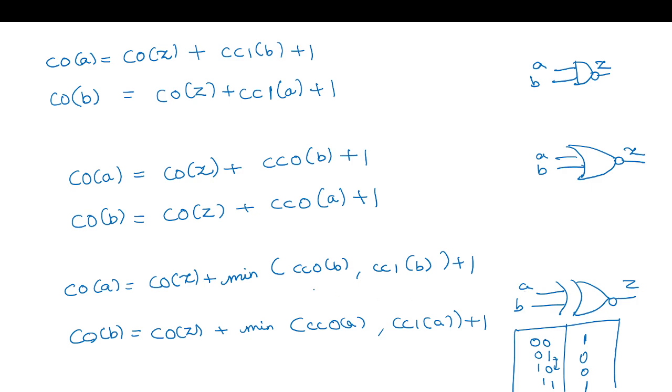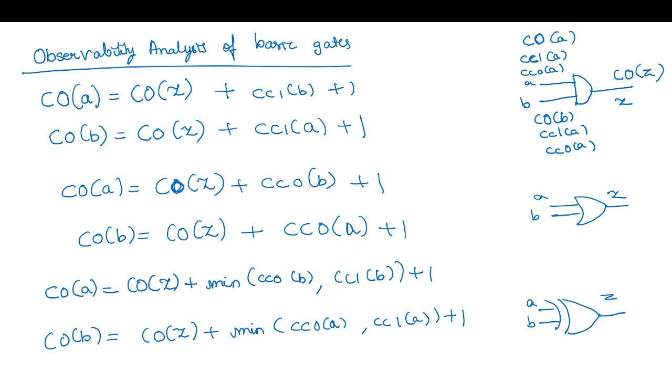So whichever takes the minimum effort to control at B, either 0 or 1, is sufficient to propagate. Similarly for A, minimum of either 0 or 1. The same thing applies to the XOR also. B can be either 0 or 1, or A can be either 0 or 1.